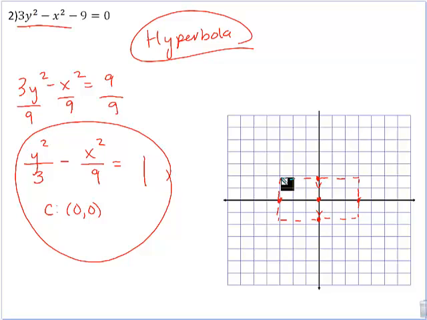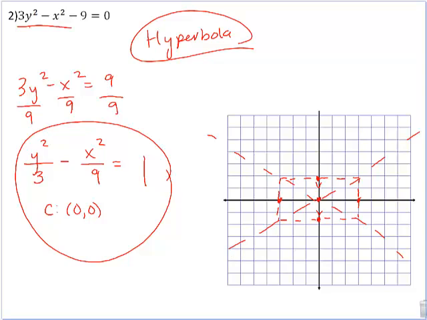So how does the box help us? What does this give us? Yeah, the asymptotes. So we'll draw in our asymptotes. Okay, so we have the asymptotes drawn in. And then how do we know which way this hyperbola goes? Well, we labeled on our graph where the 2 vertices are.